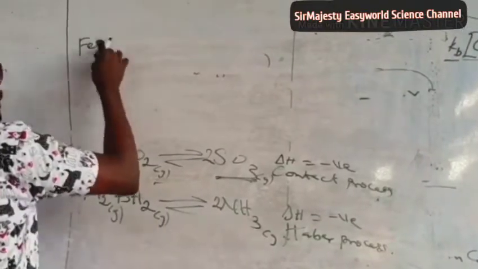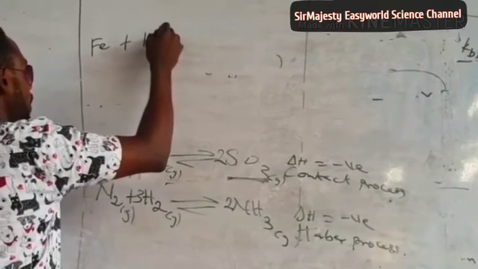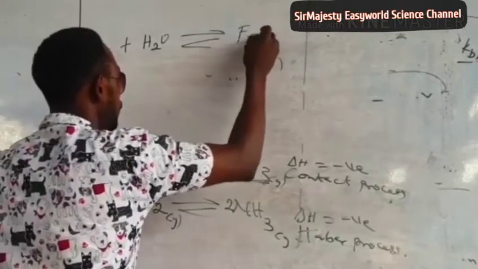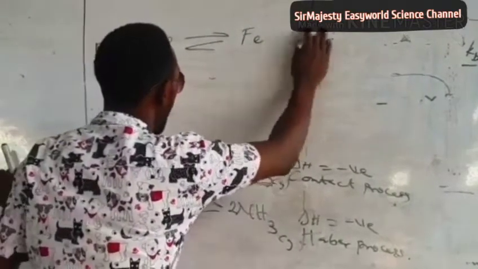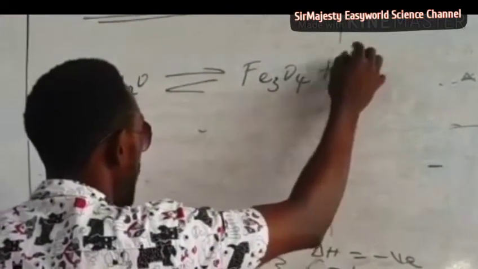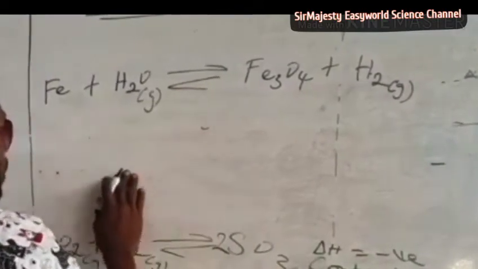Let's use, for example, the laboratory preparation of hydrogen gas by passing steam over red hot iron, which is a reversible reaction, to give you triiron tetraoxide plus hydrogen gas. This is steam, which is a gas.